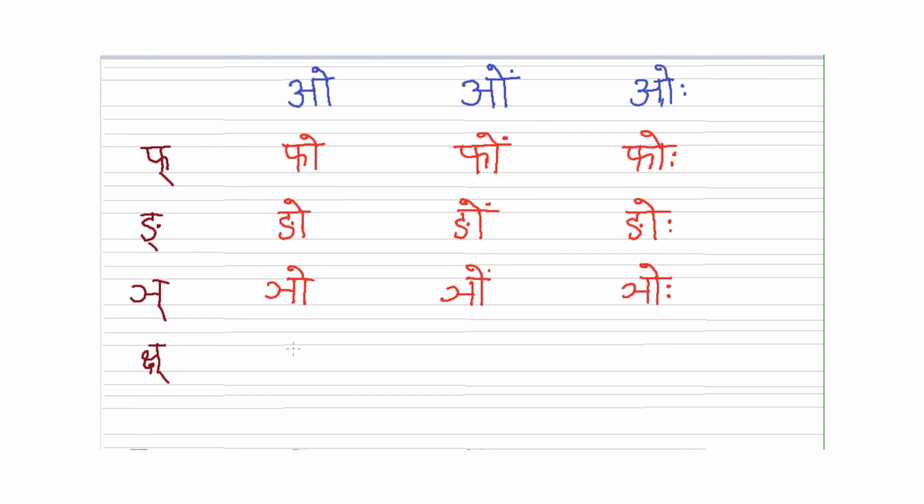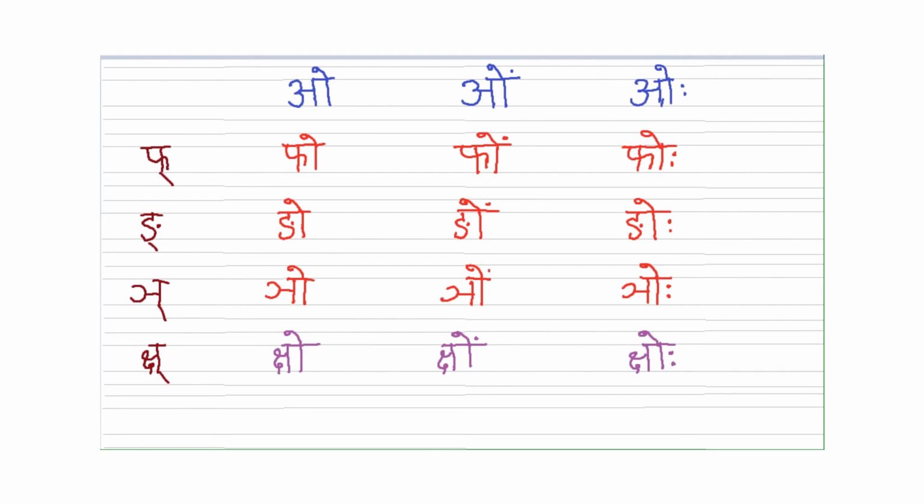So I'm going to write that Samyuktaksharam, I'm using the different color just to highlight that it is a Samyuktaksharam, but all modifications will be similar. Ksho, Kshom, Kshoho.